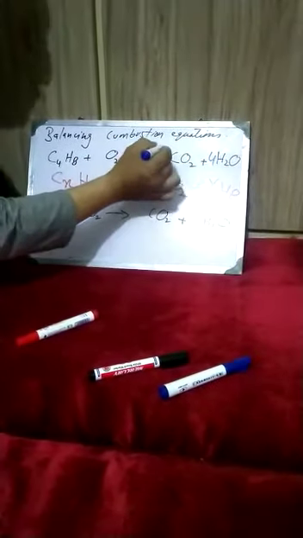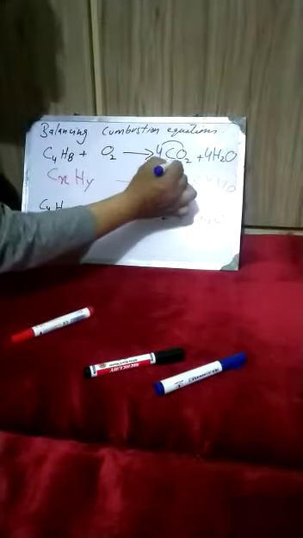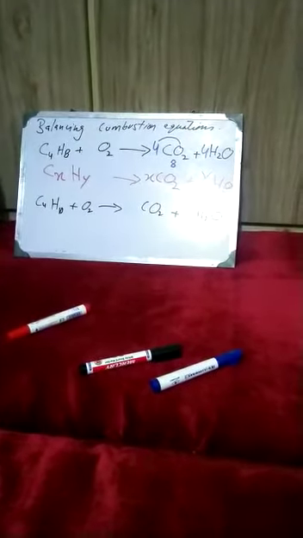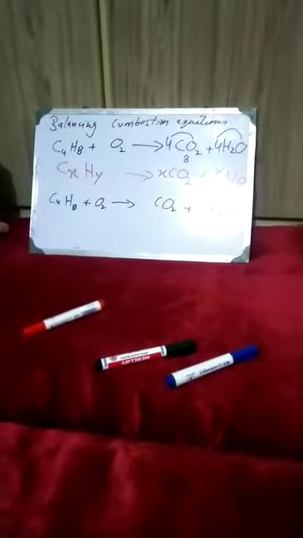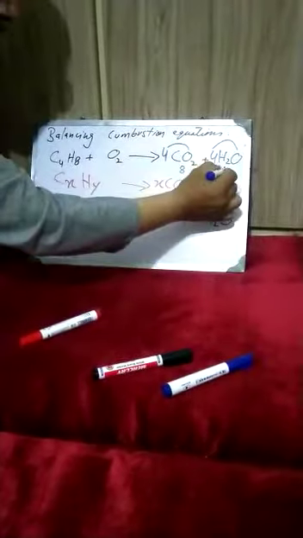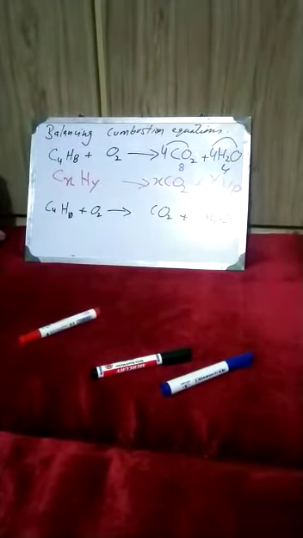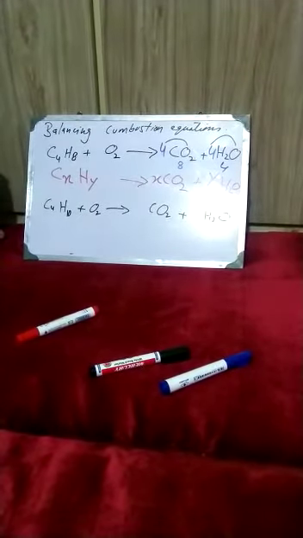Now count the number of oxygens. 4 twos are 8, so there are 8 oxygen atoms from carbon dioxide and 4 oxygen atoms from water. 8 plus 4, there are 12 oxygen atoms.